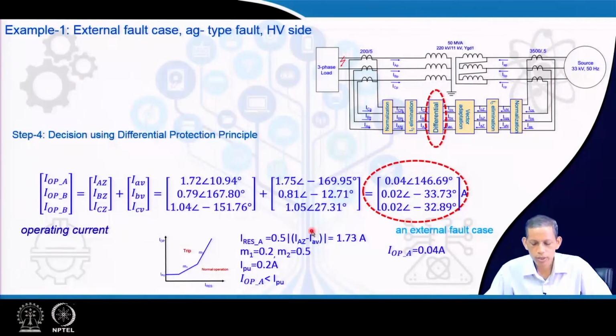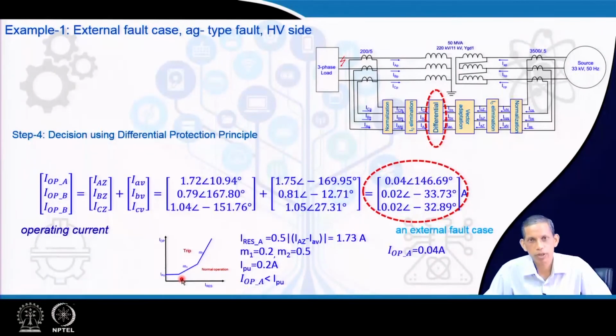Now, let us say the phase A operating current comes out to be 0.04 ampere; only the magnitude is considered for these characteristic relations. This 0.04 ampere is less than the IPU threshold value.